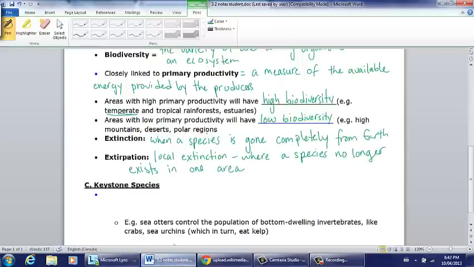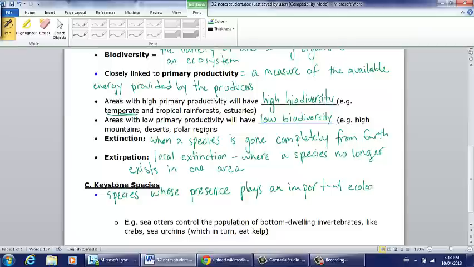So a keystone species is a species whose presence plays an important ecological role in determining the types and numbers of other species.